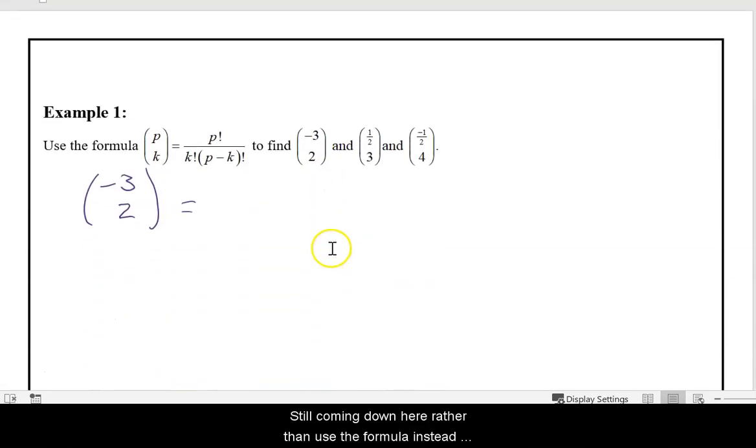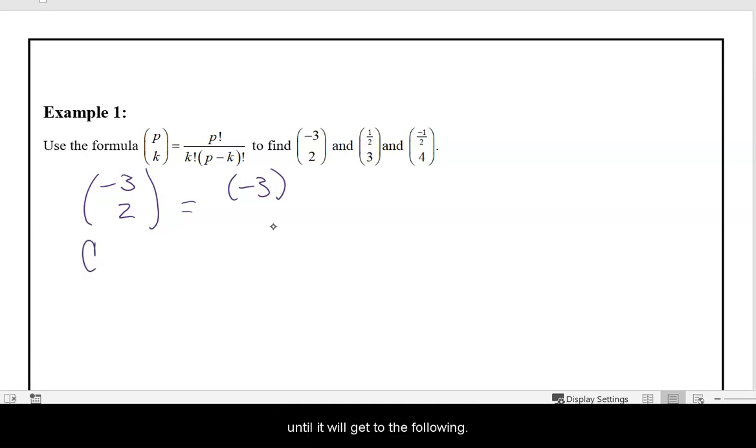So coming down here, rather than use the formula, I'm instead going to use the other formula, which is that this must start with -3, and it must continue until it will get to the following. It continues to p minus k plus 1.